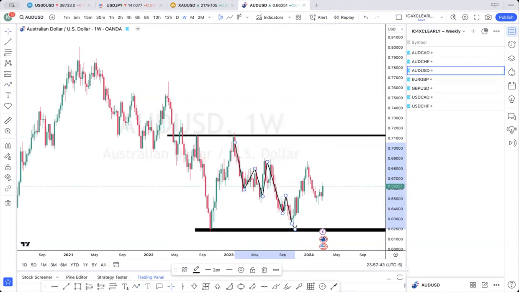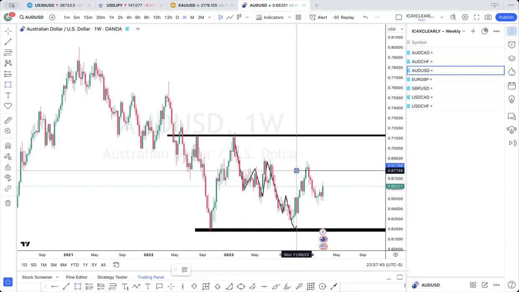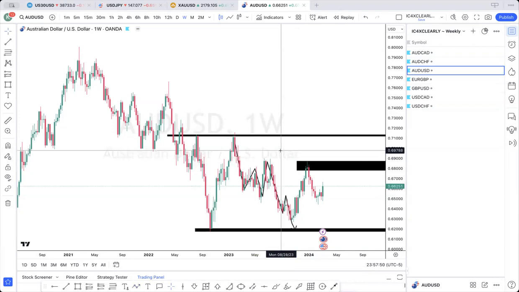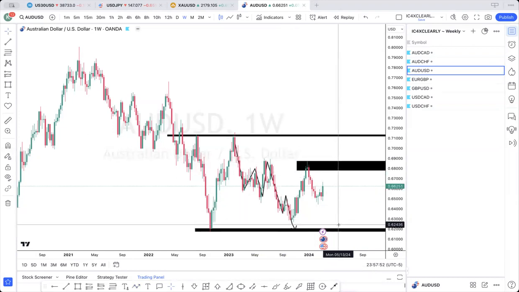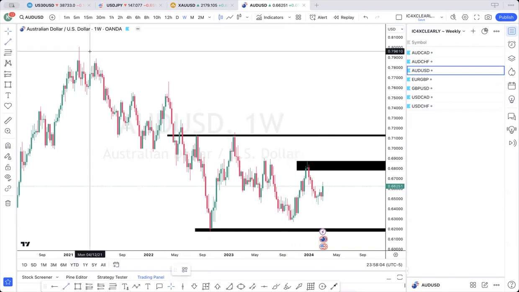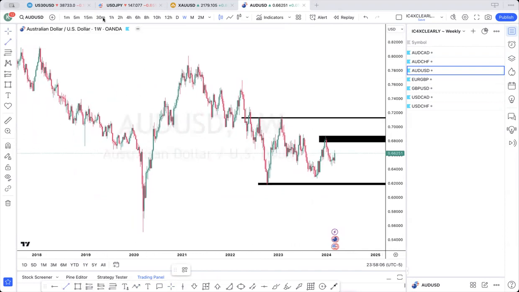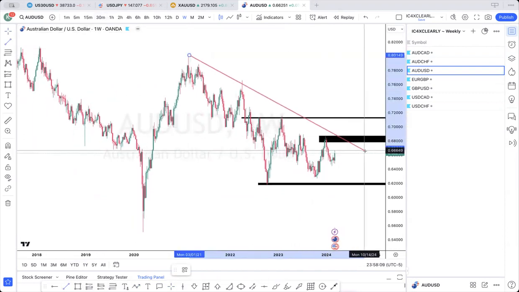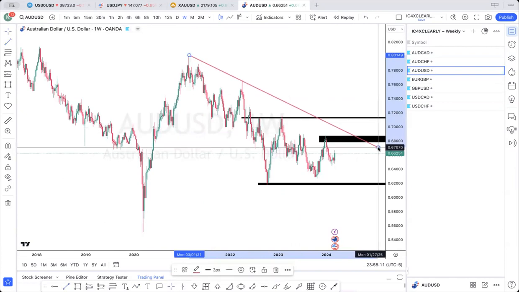So either price is coming to this supply zone to then continue selling down, and I just see pretty much a downtrend for now. Just down, down, down for now. So price may pull back into this zone and continue selling down.